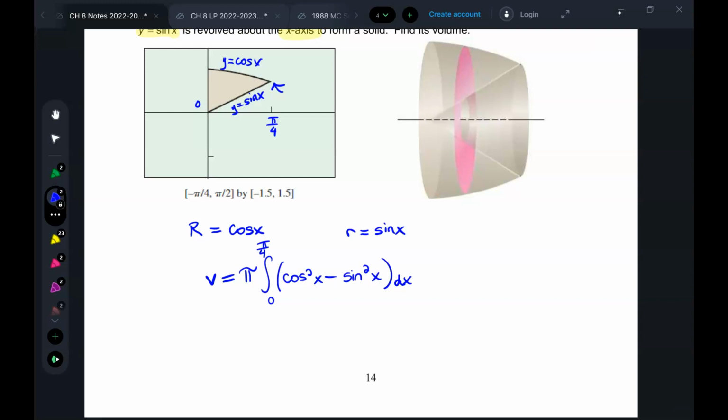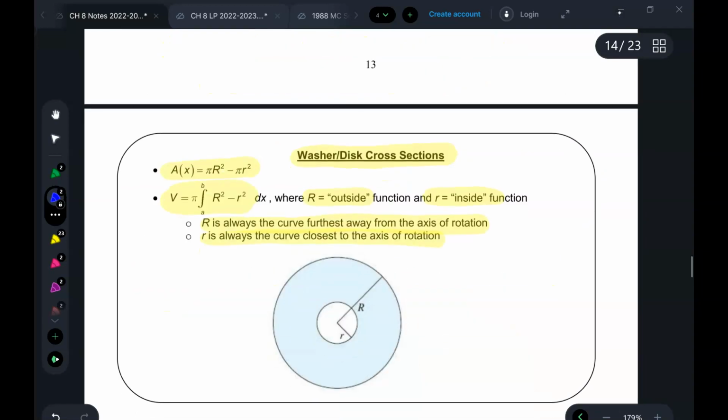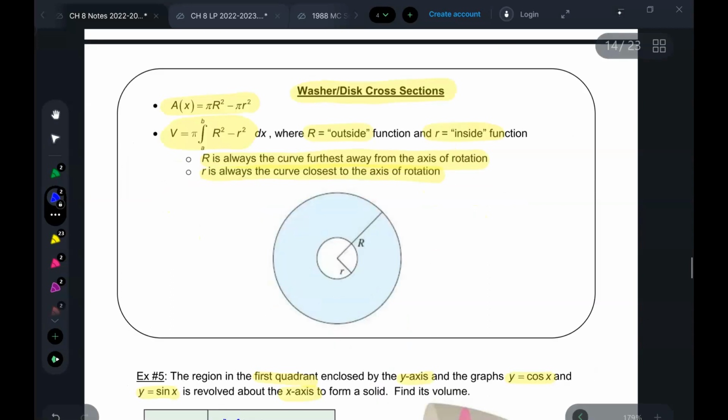I put the pi outside just because it's easier to deal with later. You don't have to. See it here above? It's pi big R squared minus pi little r squared. But I always put the pi on the outside, it's easier to type in rather than having to type it in twice.